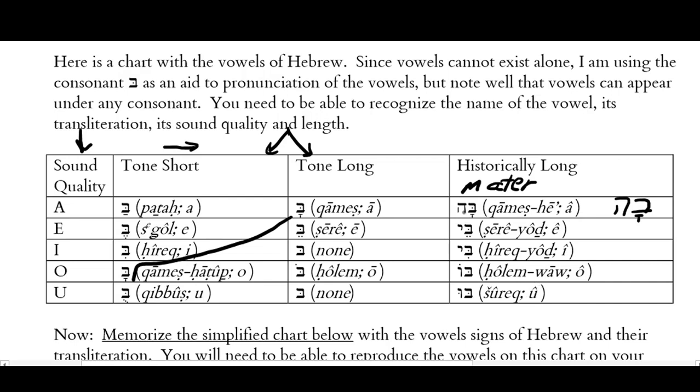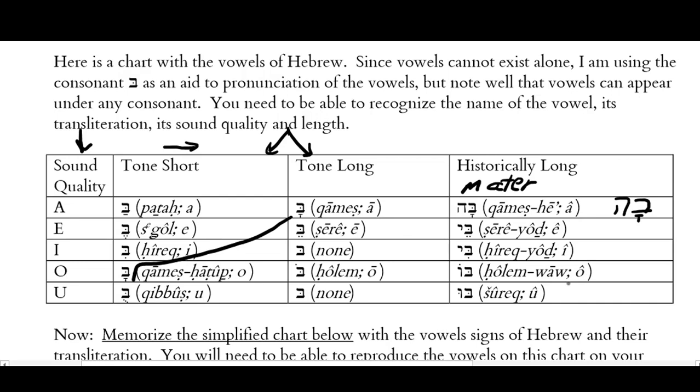Notice that even though we have hey, yod, and vav making up our letters here, none of the English transliterations have a hey, yod, or vav. Why? Because the hey, yods, and vavs are not consonants. They are maters.